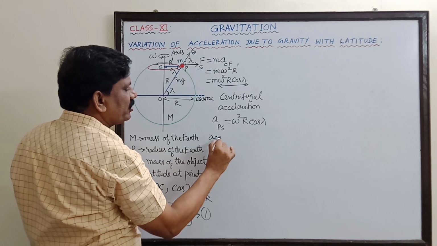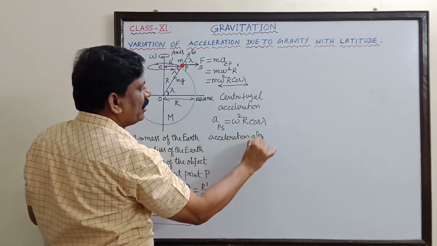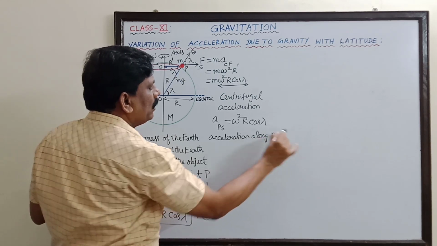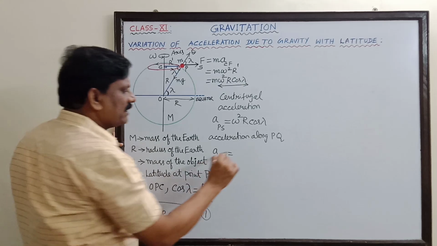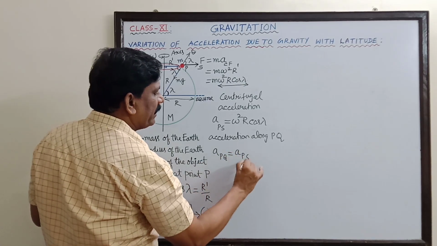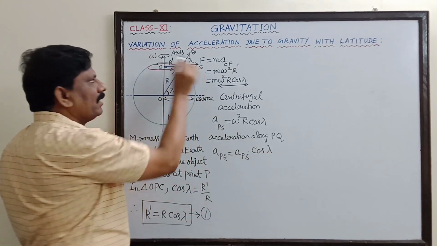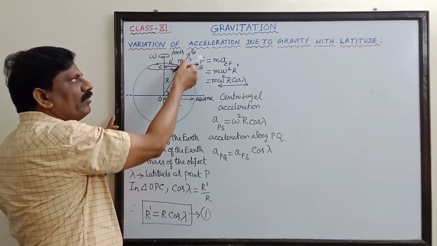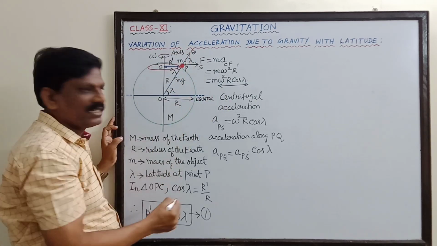So acceleration along the direction PQ I want, so APQ I have to find out. This must be equal to APS into cos of the angle lambda, because I have to resolve this and find the component of this acceleration along the direction PQ.